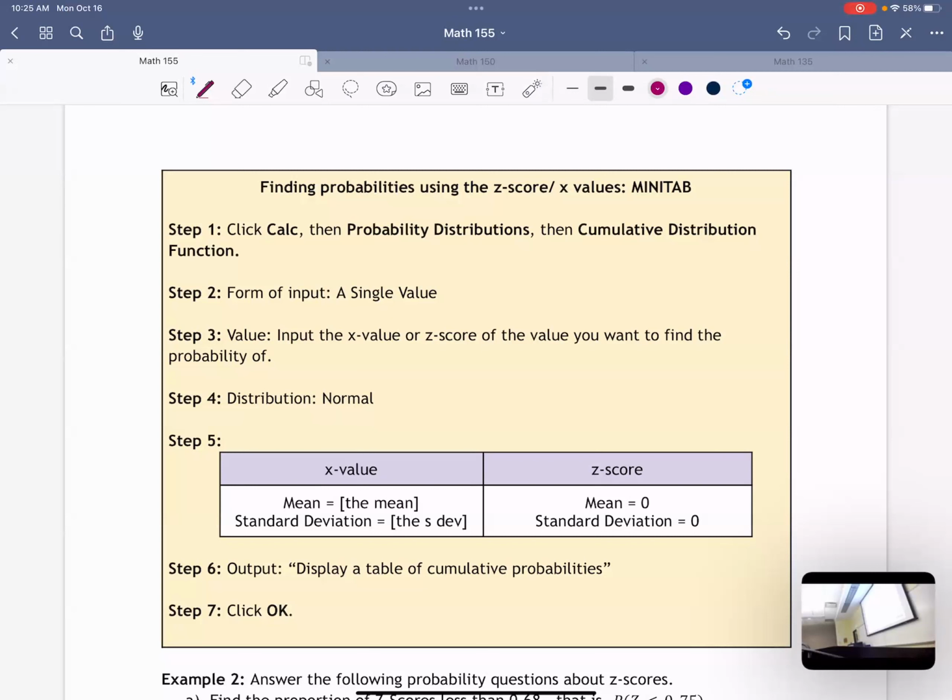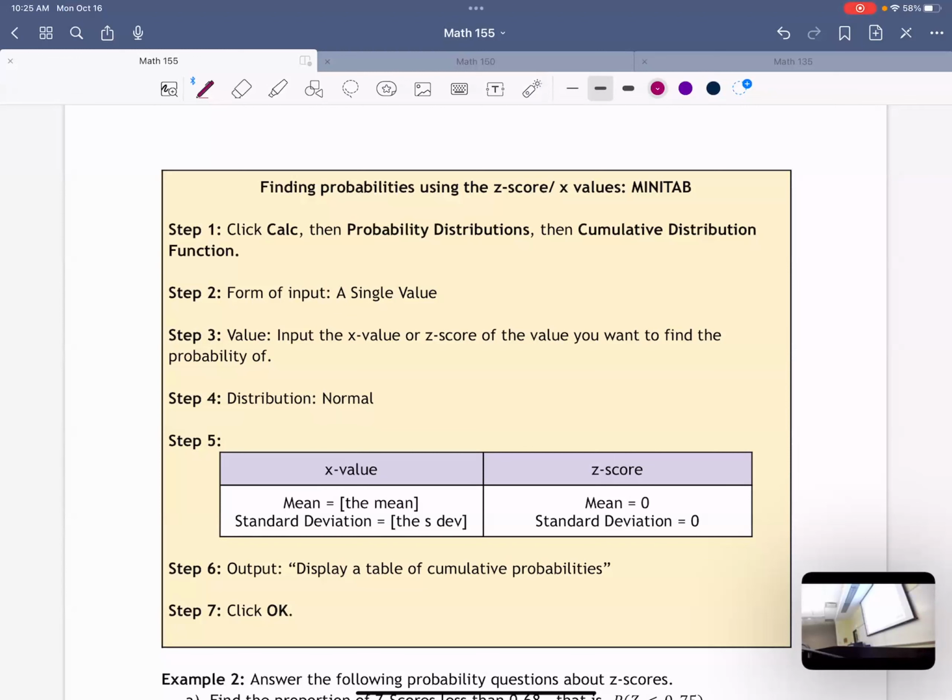Some teachers do teach the chart method. The reason why I use Minitab is because I'm required to teach you how to use Minitab for this. And instead of teaching you 2 different ways, I just think it's easier to show you the Minitab way, which is pretty much the same thing as using the chart. That way you have just one way of doing it, so you're not confused as to which way to go about it, okay?